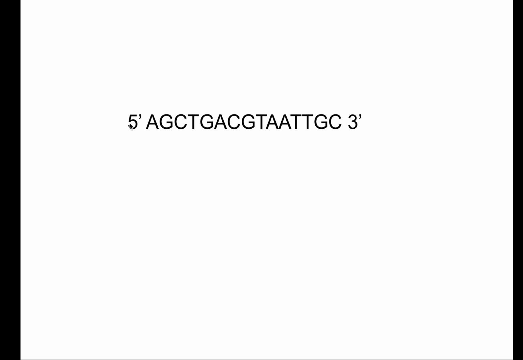And here's the 5' end and here's the 3' end. So this is where it starts. That's nucleotide number 1. This is the last one. And if I was going to make this longer, I would have to add on to this end. I could not add on to that end. So I know what this strand is. What's the other strand? Well, it has to be this, because A binds with T, G binds with C, C binds with G, T binds with A, and so on.